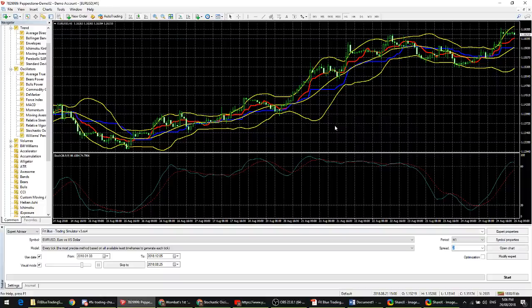Now, ideally I'd like to take that middle one out of the Bollinger Band, but we're cool. So, Bollinger Bands, simple. Moving average is the middle one, and then one standard deviation above and below.